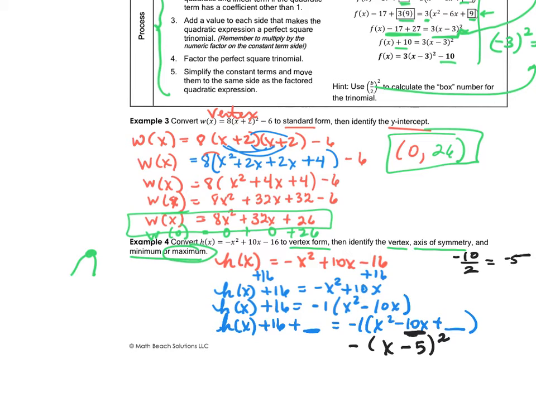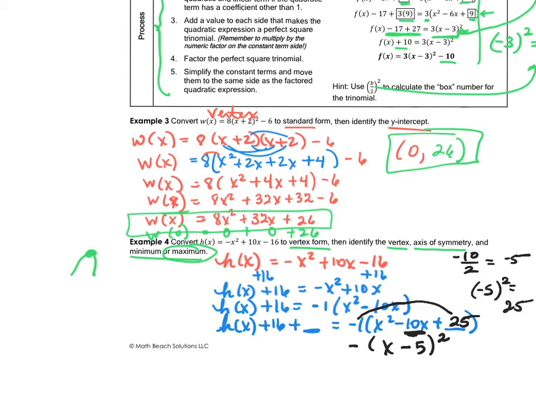I'll refer back to that in just a second. So you're going to half it, and then you're going to square it. So when I square -5, I get 25. So what goes in this spot is 25. That's my perfect little square. That's a perfect square trinomial. When I offset that, I have to remember that it's -1 times 25.